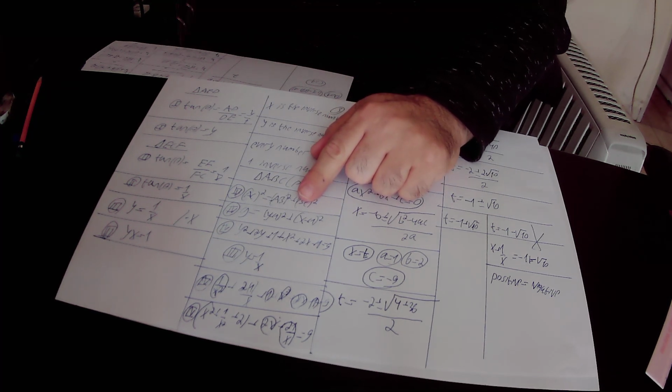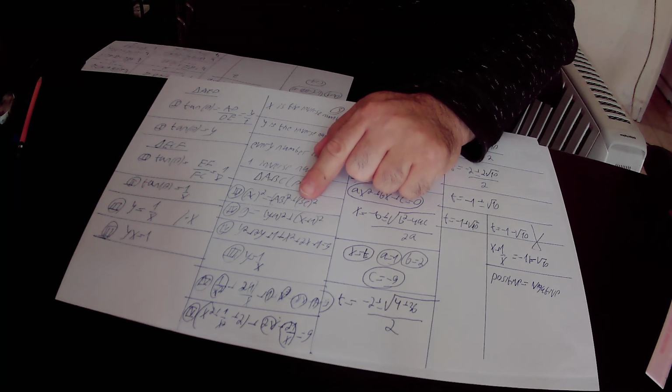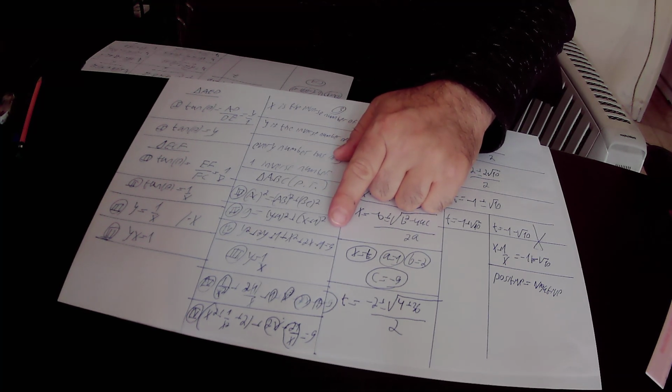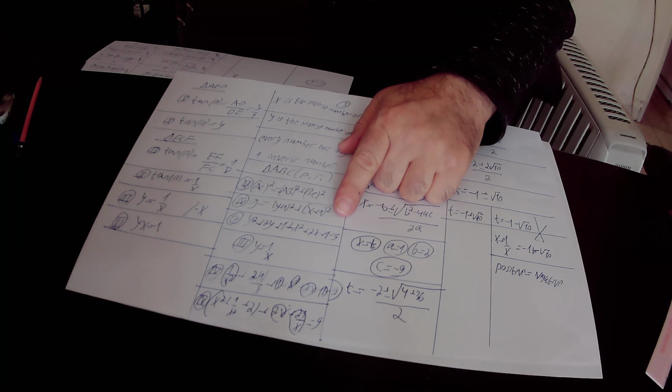Here we open the brackets on this side of equation number 4 and we find that (y plus 1) squared equals y squared plus 2y plus 1, plus (x plus 1) squared. (x plus 1) squared equals x squared plus 2x plus 1. And on the other side of the equation we have 9.